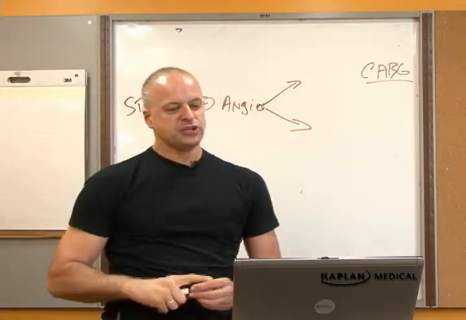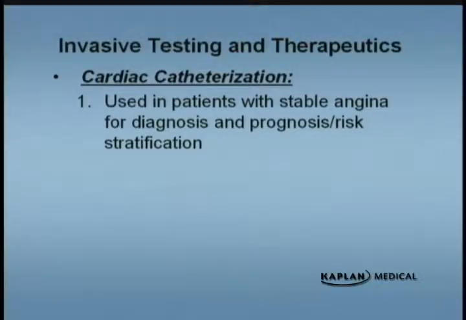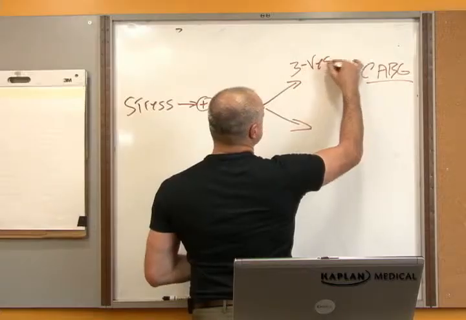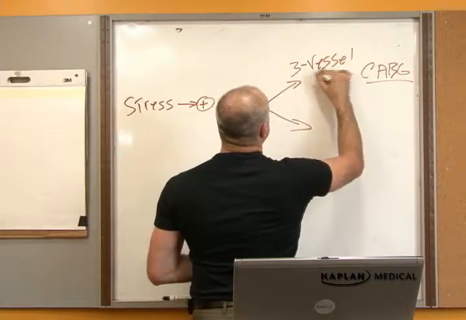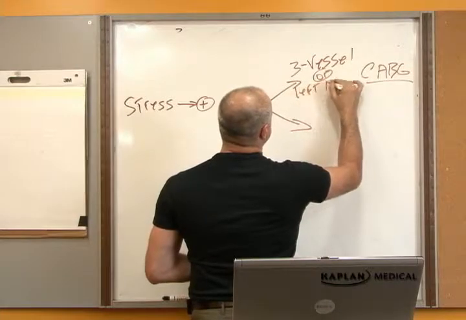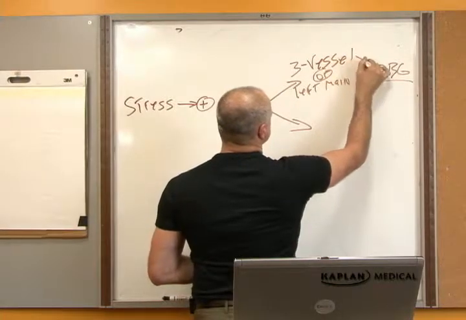You use it in patients who are going to need the evaluation for bypass. So the question comes down to this: when does bypass lower mortality? 3-vessel disease or left main coronary disease.